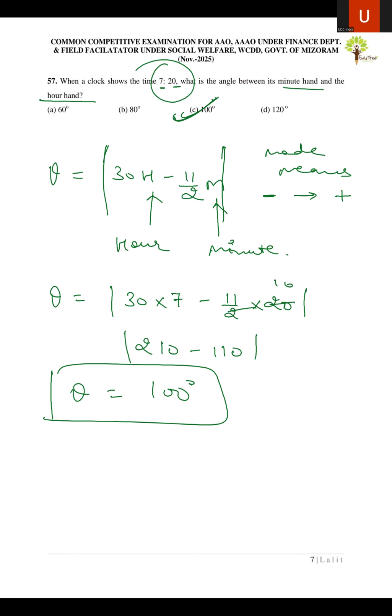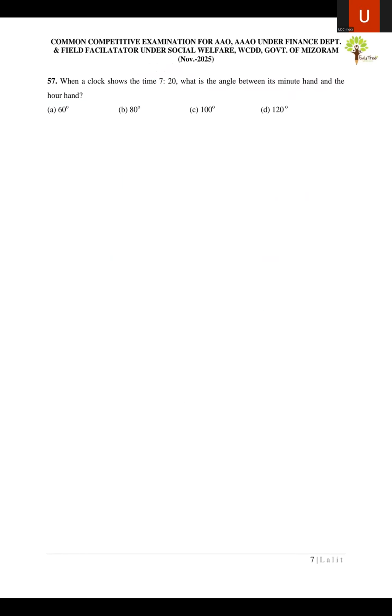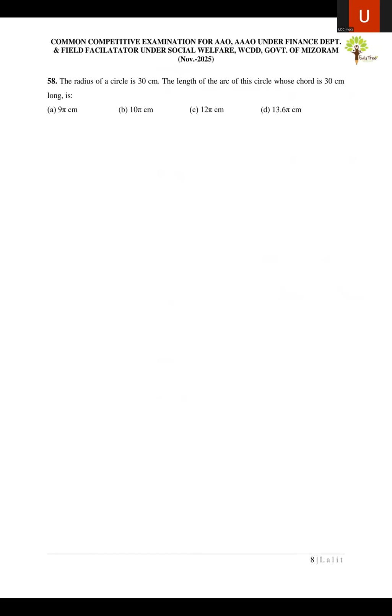Let us see the next question. The radius of a circle is 30 centimeter.